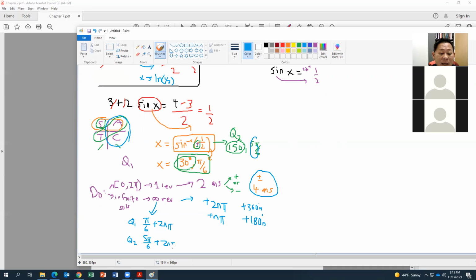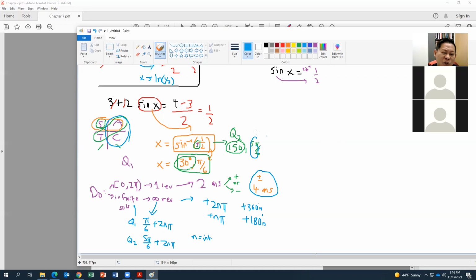And n stands for integers, meaning any numbers: 0, 1, 2, 3, 4, 5, negative 1, 2, 3, 4, 5. So when you add 2n pi or n pi, it means it goes infinite revolutions. This is how you write your answer in infinite solutions, and this is how we write your answer in one revolution.